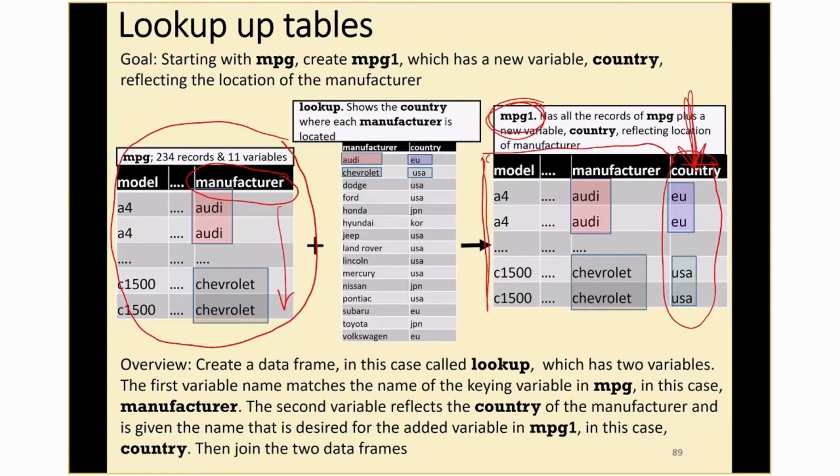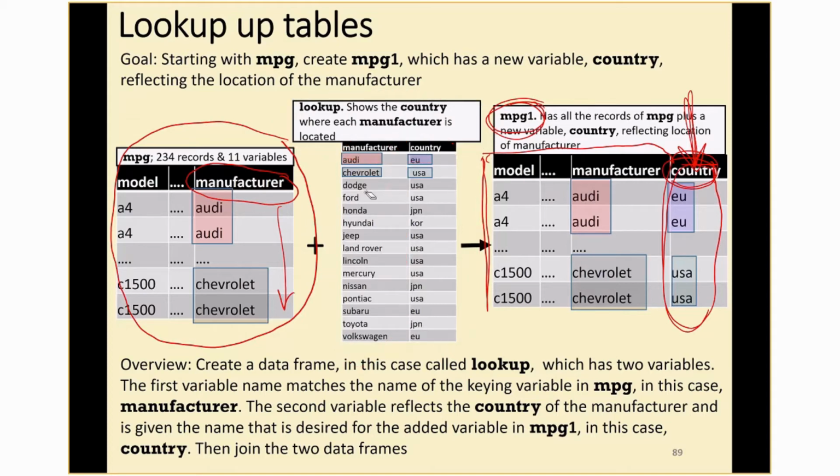So what is this new variable? Well, this new variable, country, is the country in which the head office of the manufacturer is located. And here we see, for each one of those manufacturers, the country in which the head office is located.